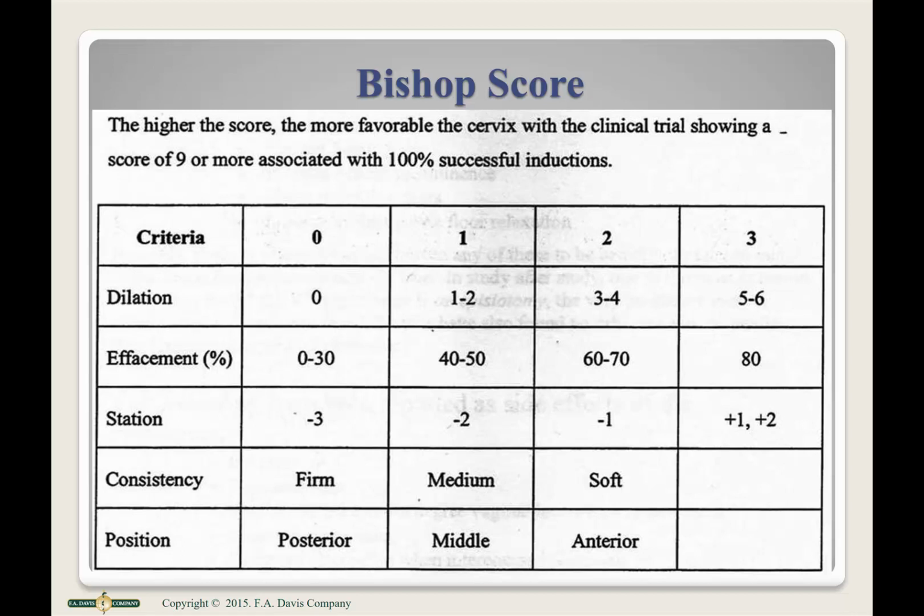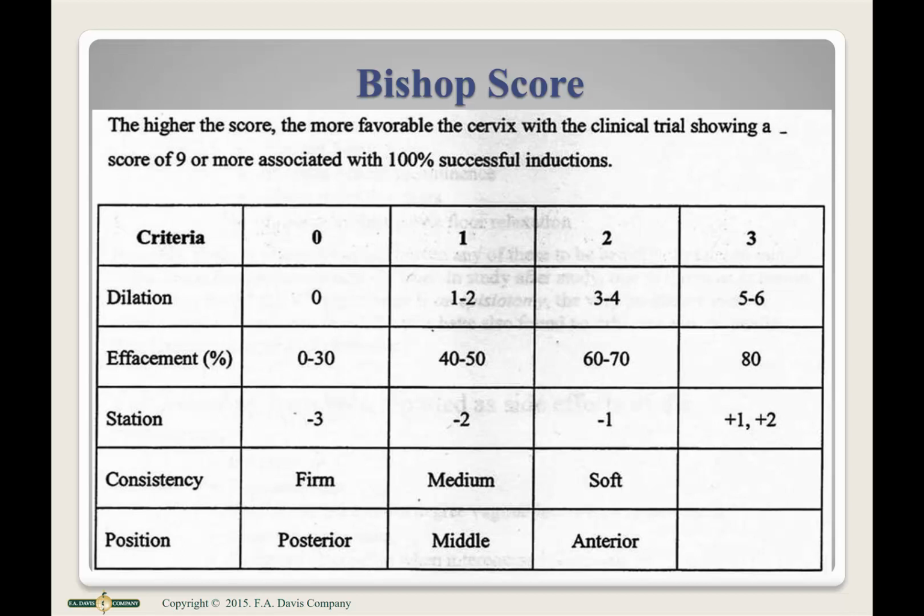Now, we also determine effacement. That's the thinning of the cervix. If we determine that this woman's effacement is 60%, she's going to get a score of 2. So now she has a score of 4. And then we're going to determine the station of the baby. If her station is, let's say, -2, then she's going to get a score of 1.